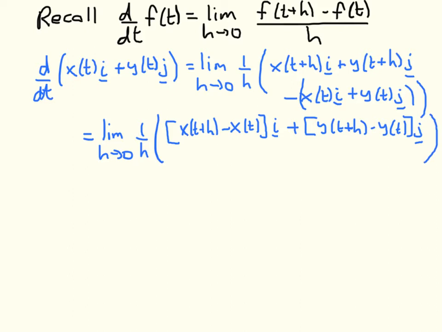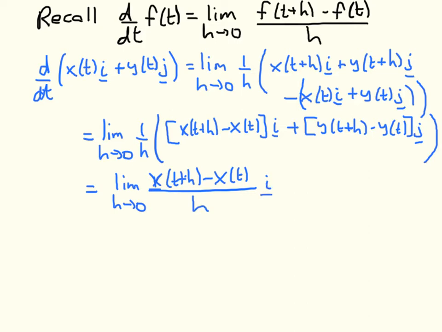Now, we have to work out this limit divided by h, and this limit divided by h, and the limit of something plus something else is the sum of the limits. So it's the limit of this plus the limit of this. So what we get is the limit as h goes to 0 of 1 over h, x of t plus h minus x of t, all over h, and there's a common factor of i that I'm just going to pull outside.